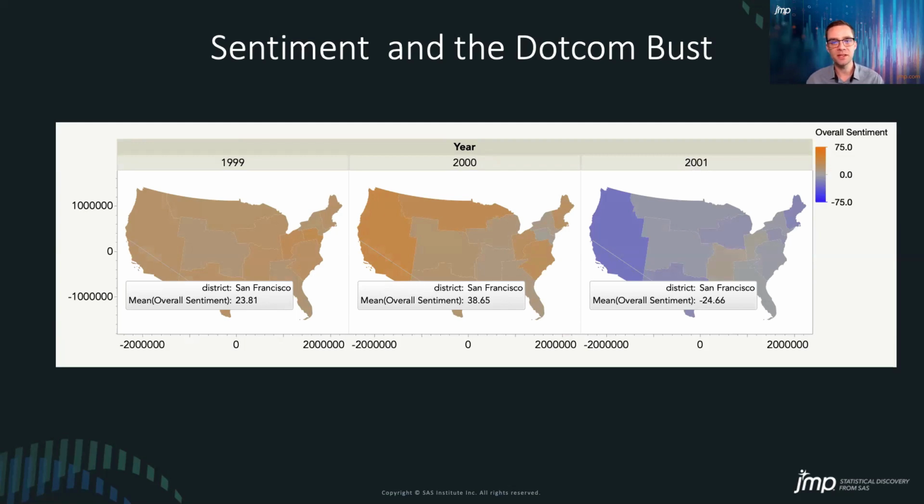We can see that building up to 2000, sentiment was pretty high in the Bay Area, 38.65, and then it plummeted over 60 points in 2001 on average to -24.7 approximately. That's a much bigger swing than we saw elsewhere in the country, presumably because that's the region that was most strongly affected.